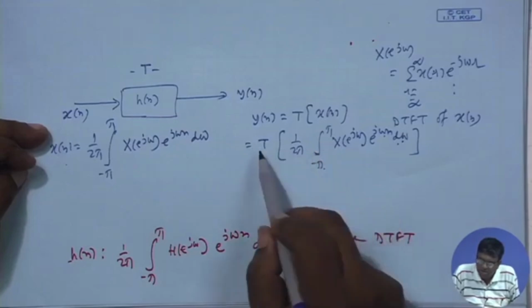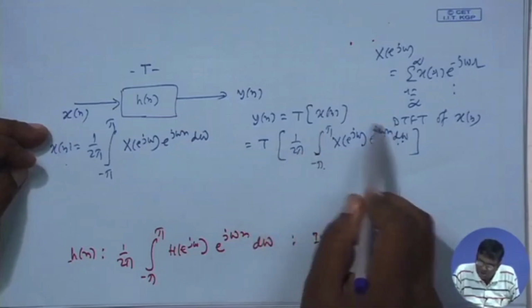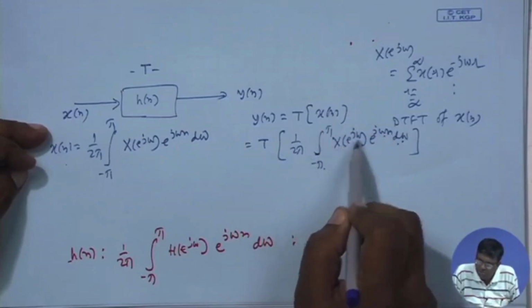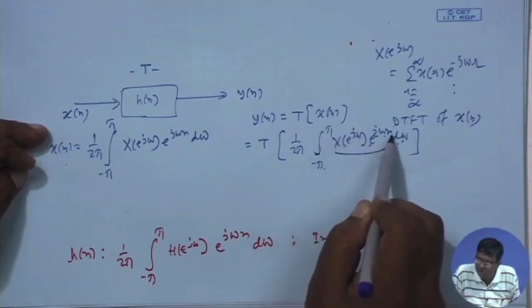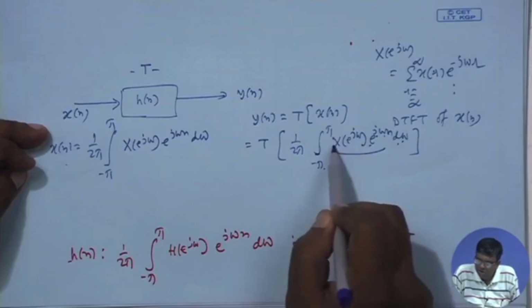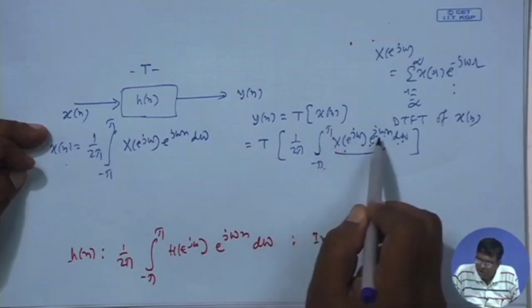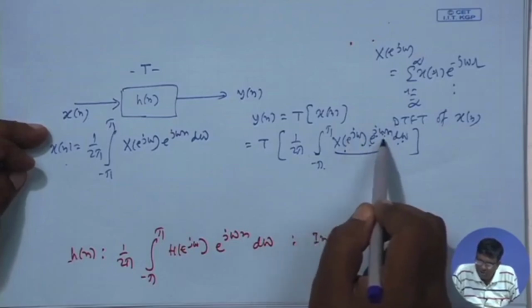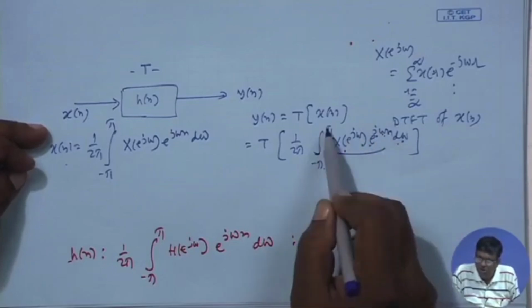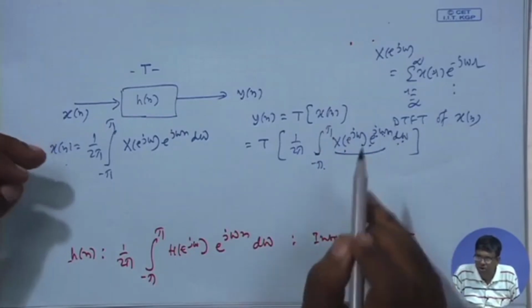T is linear means summation of these sequences e to the power j omega n with my amplitude capital X of e to the power j omega. This is the meaning of this. Sequences e to the power j omega n, amplitude is capital X of e to the power j omega. And not only one sequence, because for various omegas we have got various sequences, but omega is continuously varying from minus pi to pi, not discretely varying, not omega 1, omega 2, omega 3.